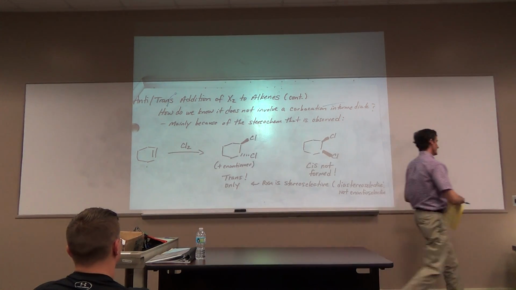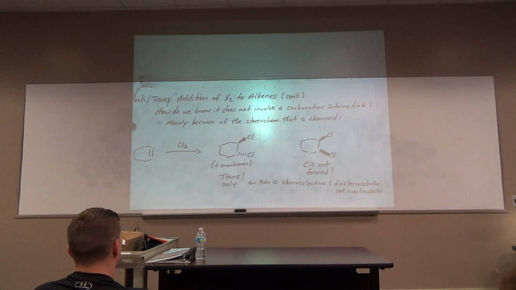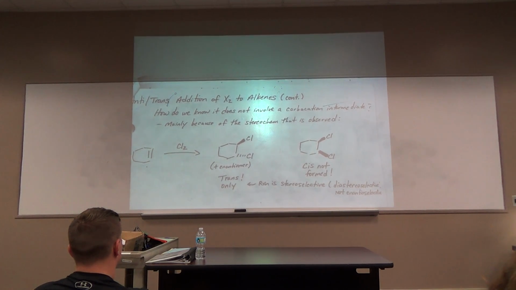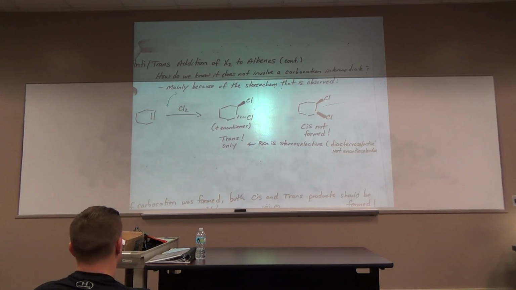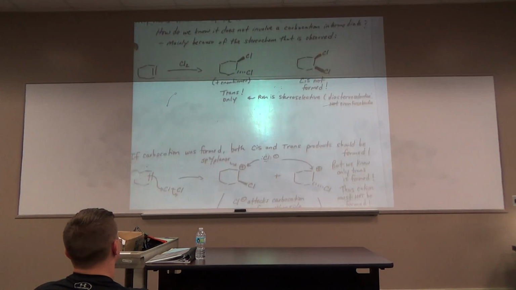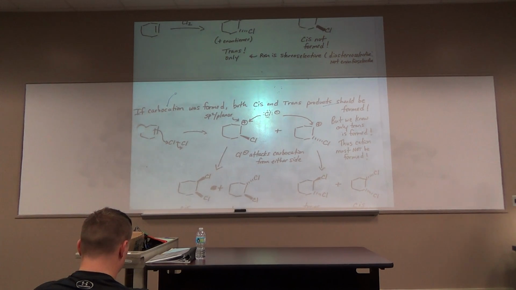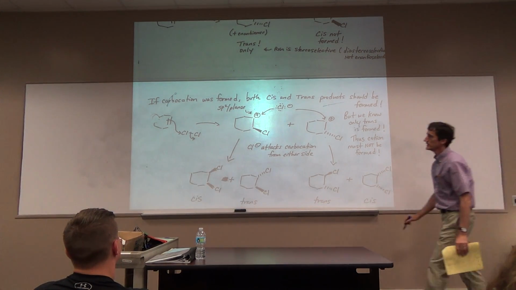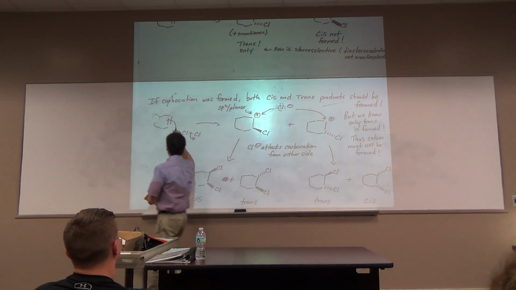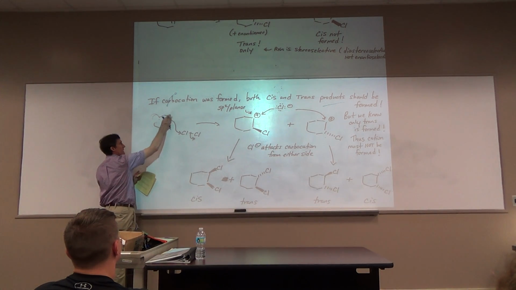You do not get cis. Any mechanism must also explain stereochemical outcomes. Why only trans? Well, let's look down here and compare two different pathways. This can attack, by the way, you can leave cation on top or bottom.